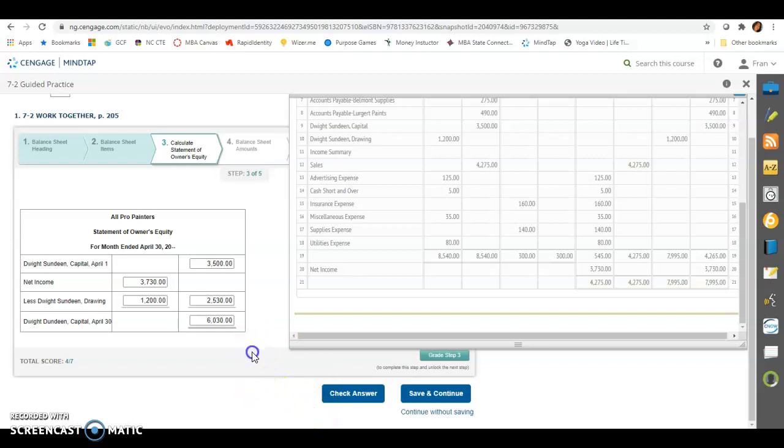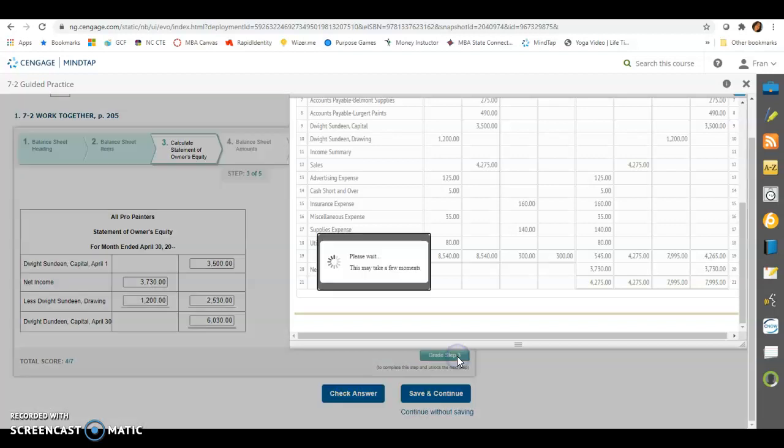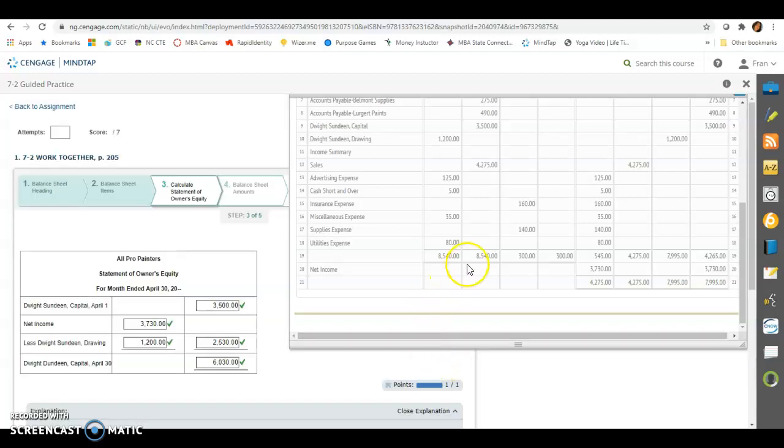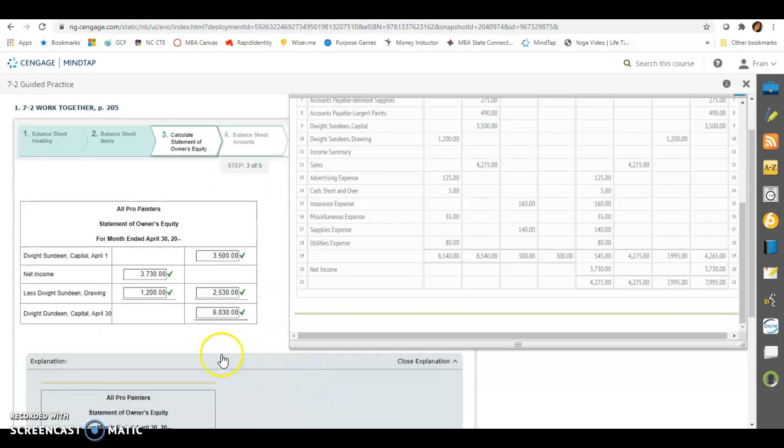Let me do the math one more time. 3,500 plus 2,530, definitely $6,030. And I have a handout that will help you understand this a little bit better that I'll be showing you, because doing it this way is very confusing to me.